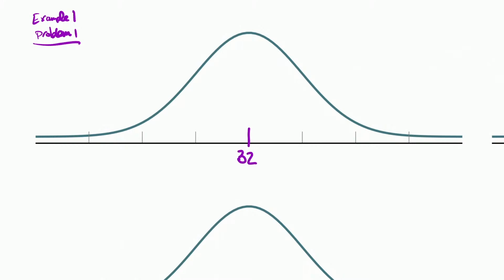I've got these marked off relatively nicely for you. The mean is 32, and those other lines are your standard deviations. So this will be 32.02, this will be 31.98, this will be 32.04, this will be 31.96, and so on.